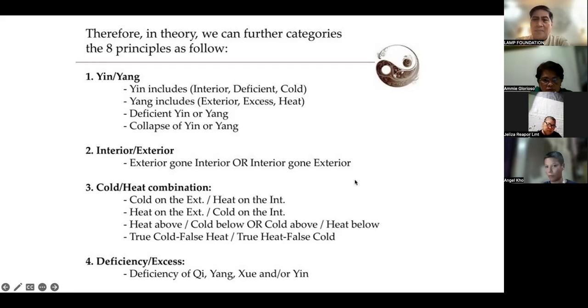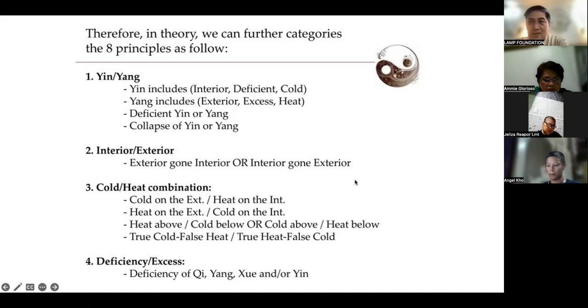Pero natataka ka, bakit mainit yung kamay? No? Or we can have heat above, cold below. Or cold above, heat below. Or meron tayong true cold, pero false heat. Or true heat, false cold.